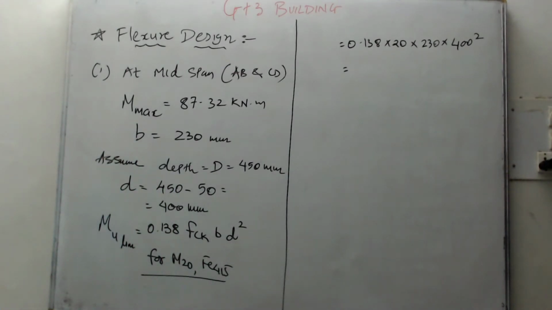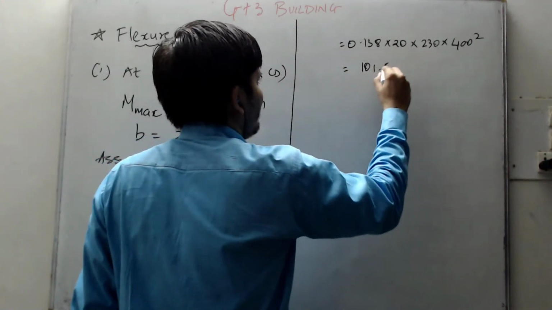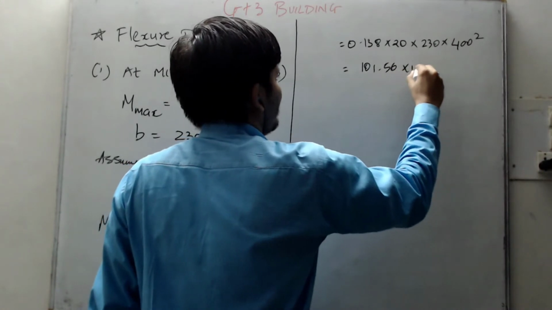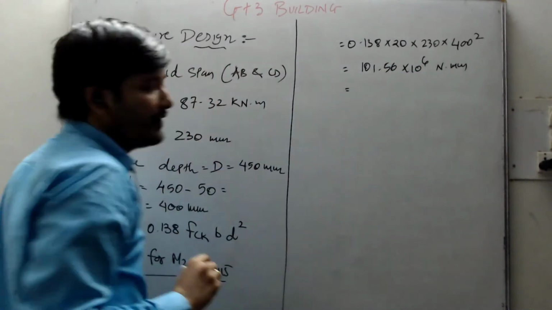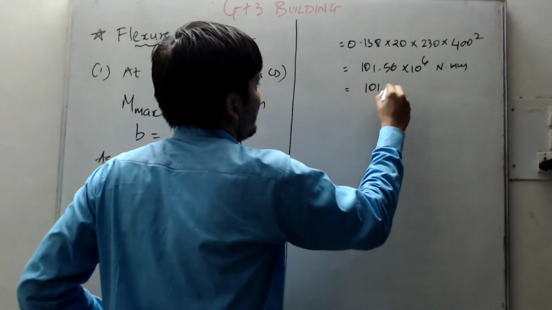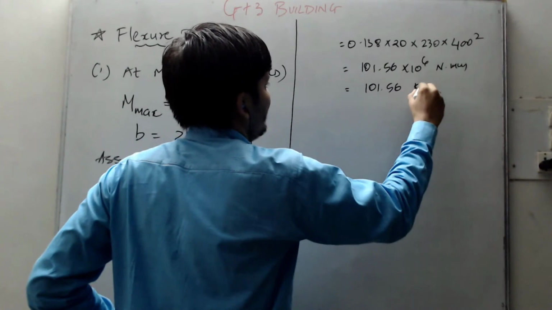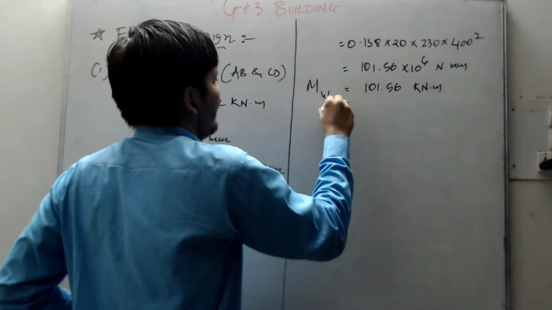We are getting this value as 101.56 into 10 raised to 6 Newton mm, and convert this into kilonewton meter because this is moment. So 101.56 kilonewton meter will be the value of Mu limiting.